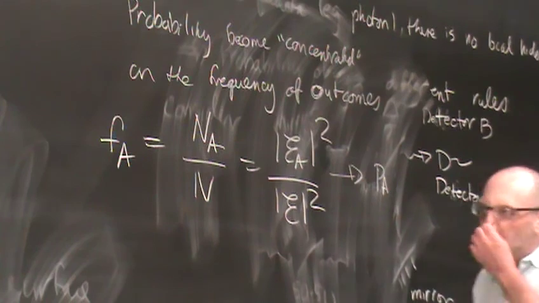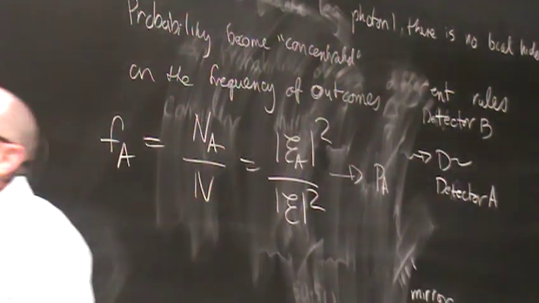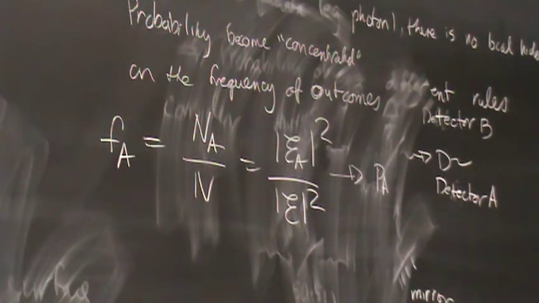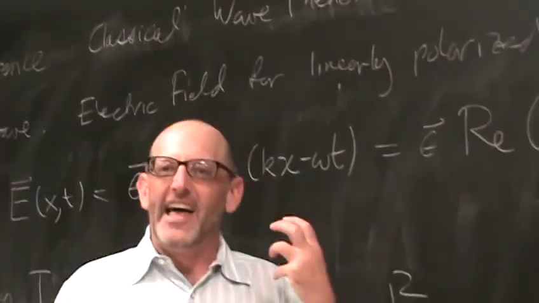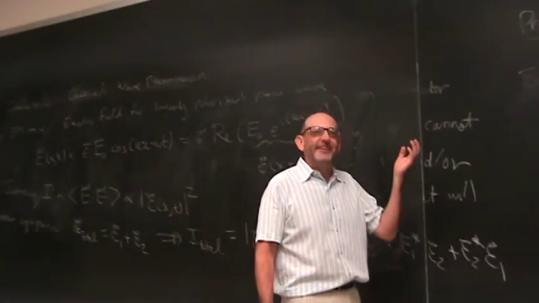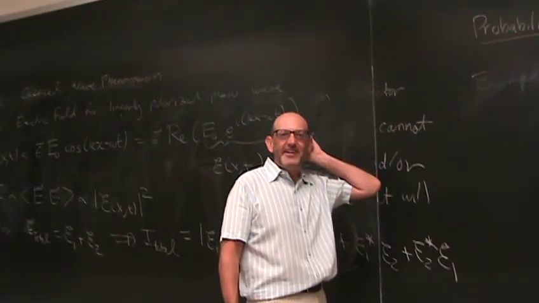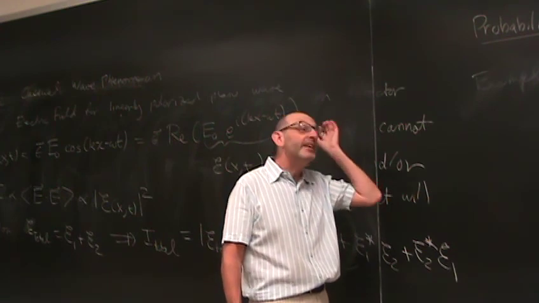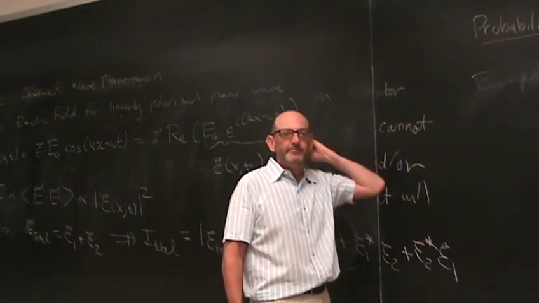And so the Born rule has its birth in thinking about interference of classical waves, but it's something deeper than that, and something that we're going to grapple with over the course of this year. And that's really the most important idea.